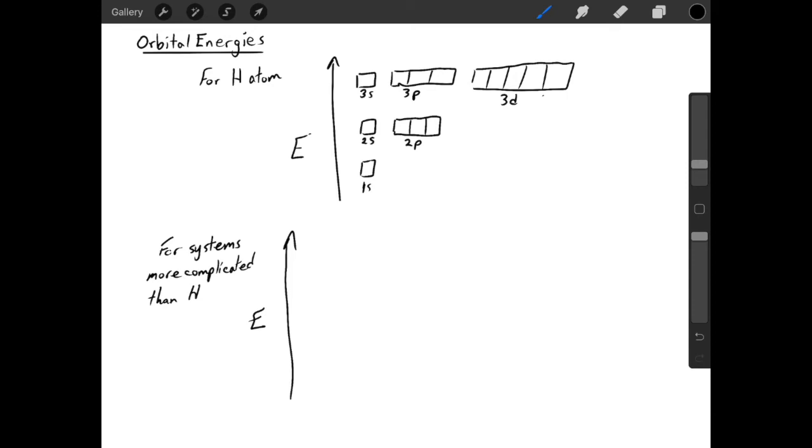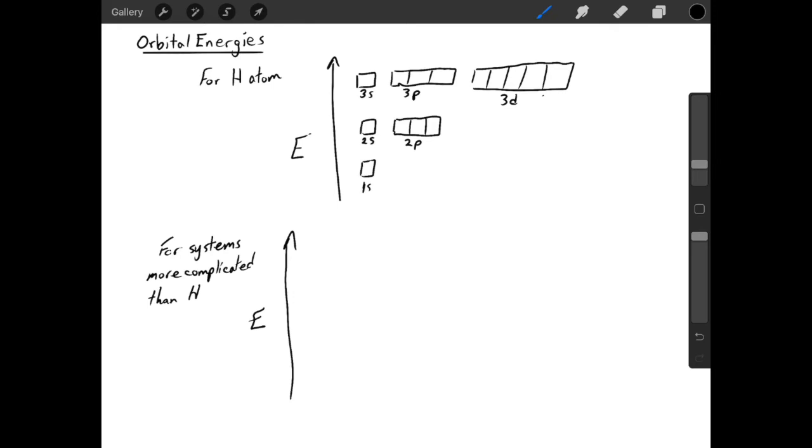So in something like helium, with its couple of electrons, or lithium with its 3 electrons, or whatever, all of those electrons are going to be interacting with one another. They're going to have electrostatic repulsions as they push each other apart. And these electrostatic repulsions are going to shift the energy levels of the various orbitals within what we call a multi-electron atom.